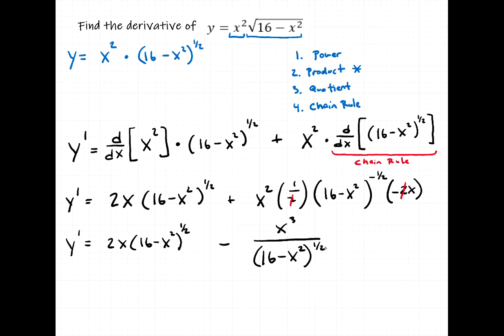All right, so now we can combine these two terms by getting a common denominator. So let's go ahead and put this over 1. And we can multiply 16 minus x squared to the half to the top and the bottom.